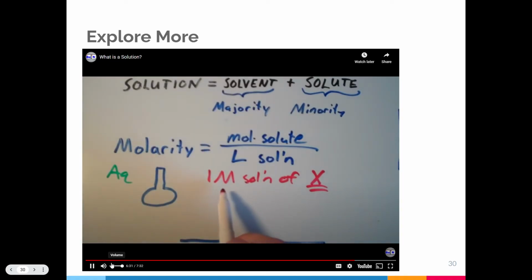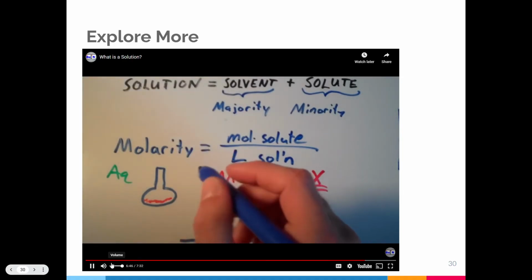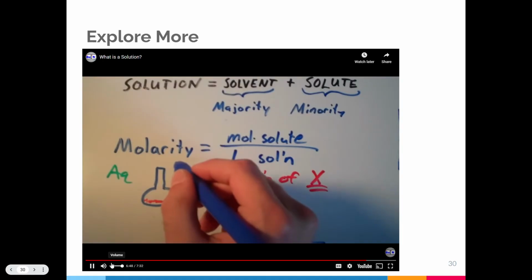To get a 1 molar solution, what we need to do is put 1 mole of our substance into the flask, and then assuming that this is a 1 liter flask, we dilute it with water.